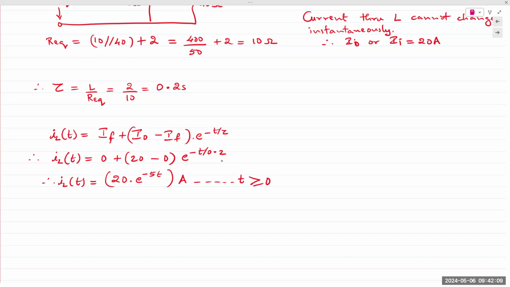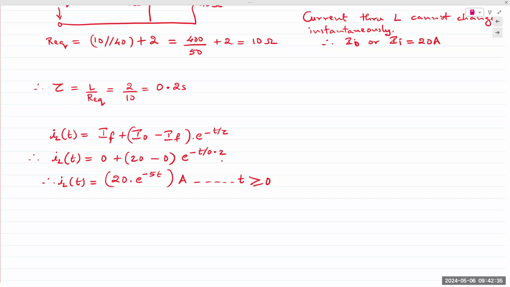If you plug in time t equal to 0, what do you get? 20 into e raised to 0, 20 times 1, 20, which is the value of the current at t equal to 0, 20 amps. And then from that point on, it's an exponential decay, right? So you plug in t equal to 40 milliseconds, you find a value, and so on.